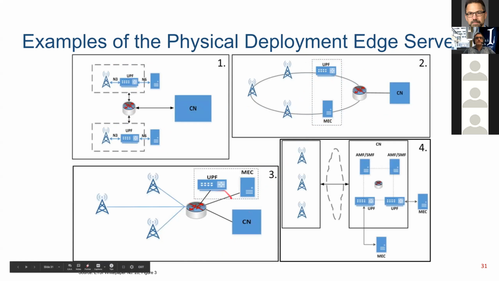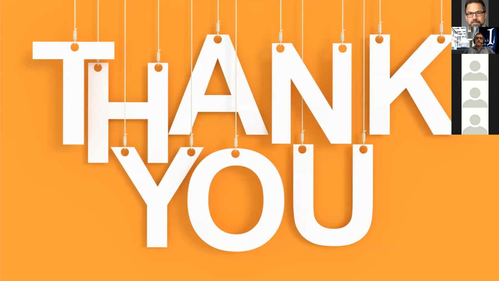In the third option, you can put it at the network aggregation points, a bit further from the base station. And finally, in the fourth option, you can put the edge computing in the core network, which is more or less the same as the cloud that we have. Okay, that's for me. Thank you so much.